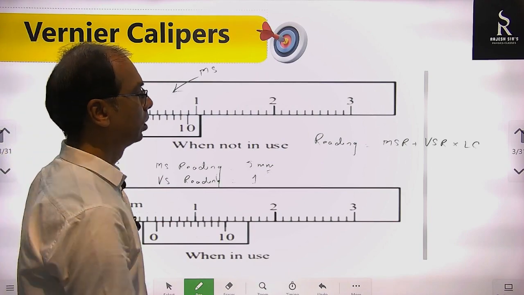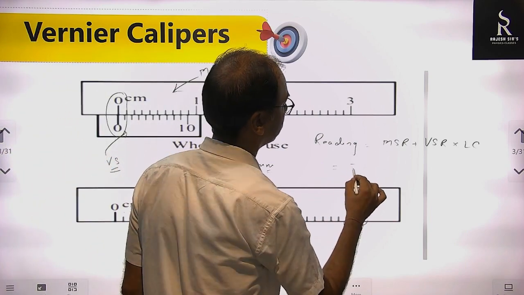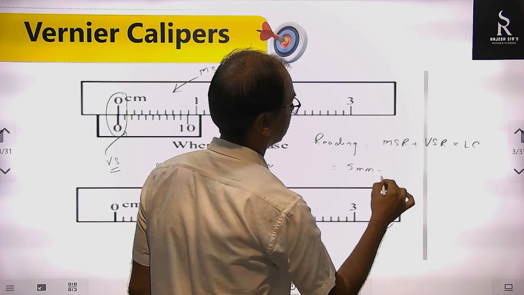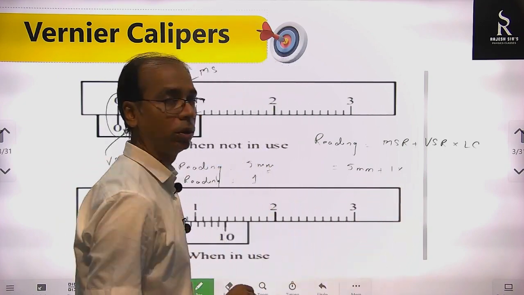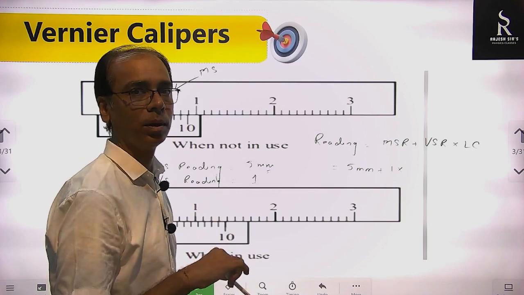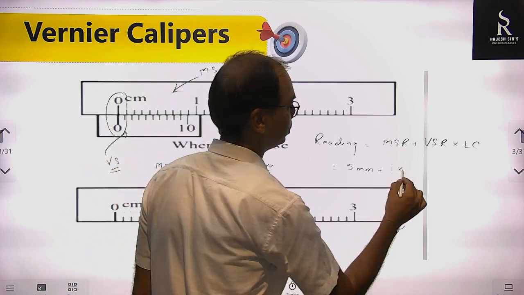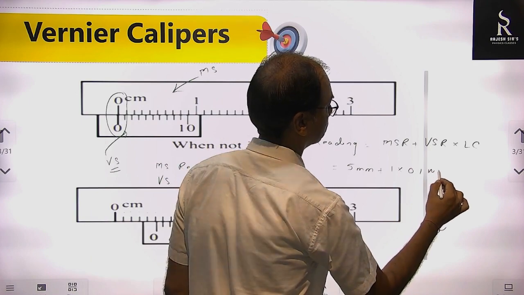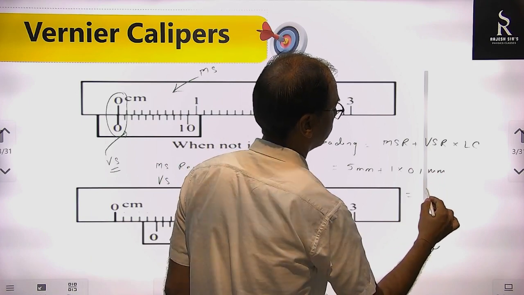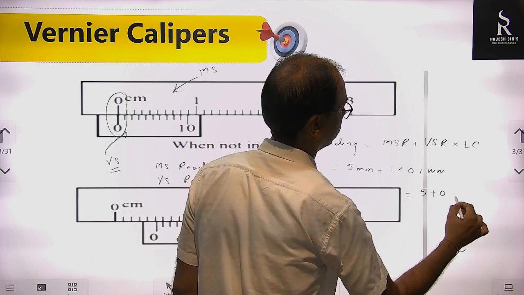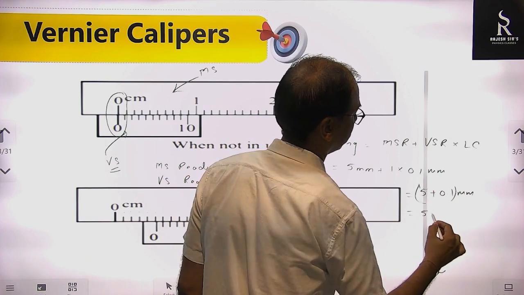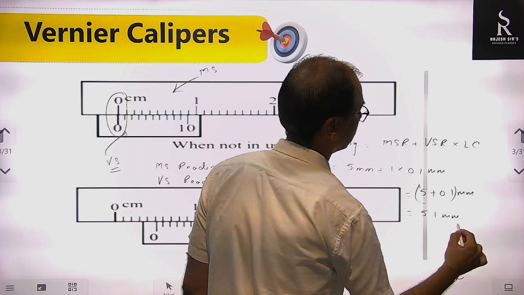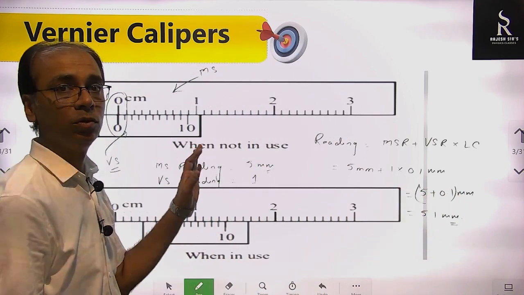So main scale reading is what? 5 mm, plus vernier scale reading is 1, and least count is 1 by 10 mm, 0.1 mm. What is the answer? 5 plus 0.1 mm, that is 5.1 mm. That is our answer. So this is how we use vernier calipers.